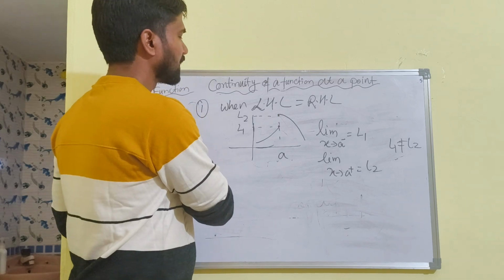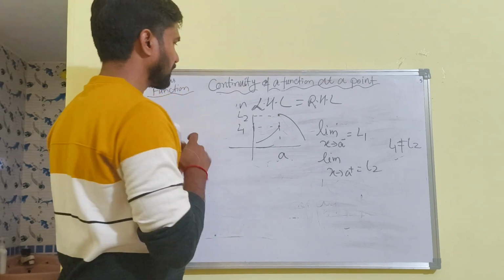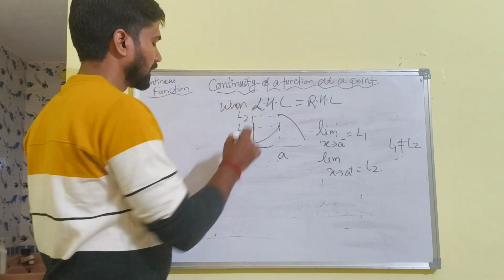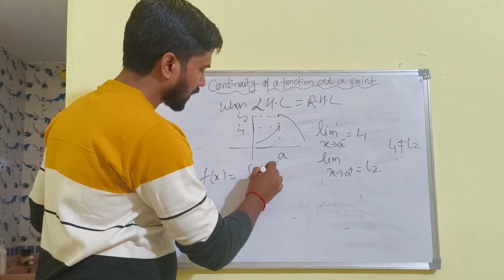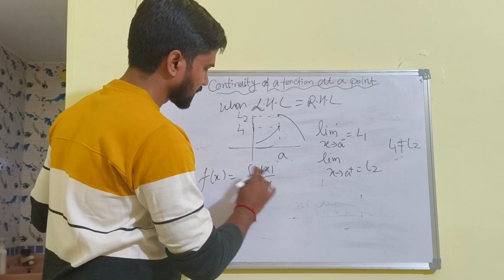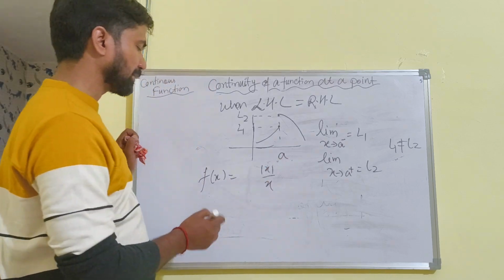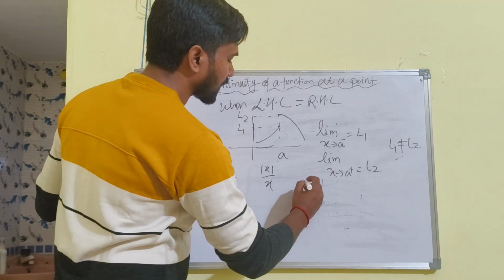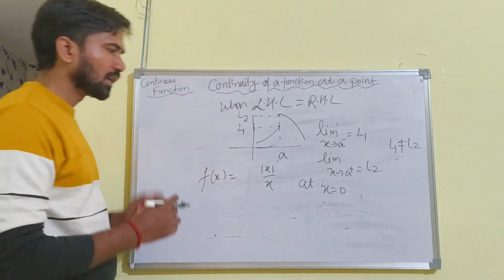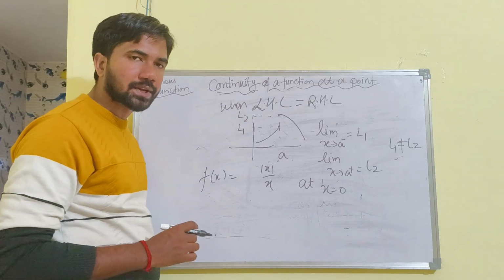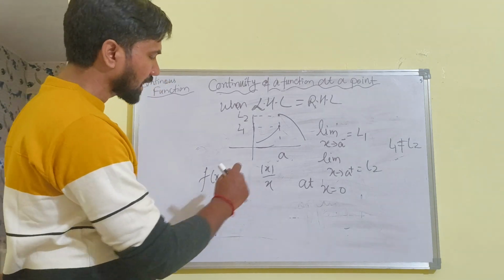Let f(x) equal mod x upon x. Here we are going to check continuity at x equal to 0. For this we have to take the left hand limit and the right hand limit.